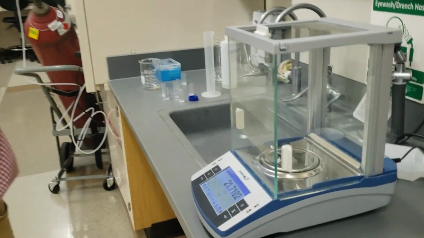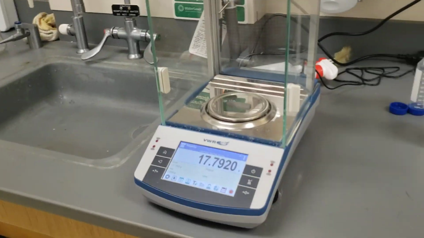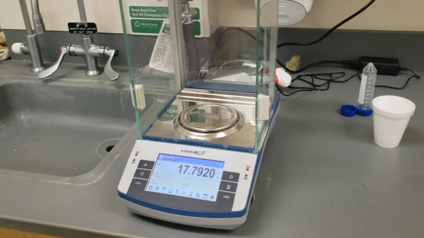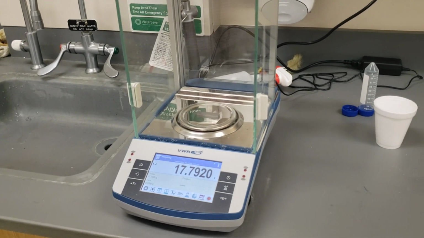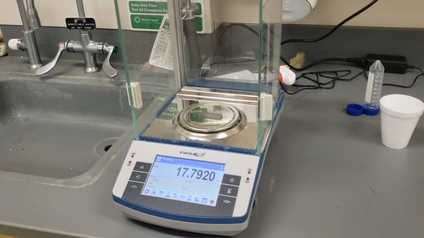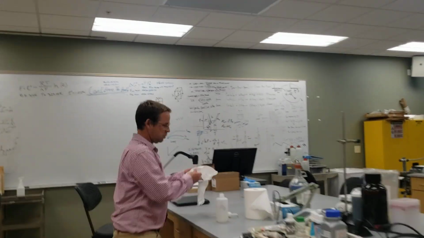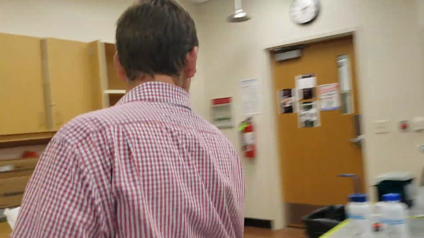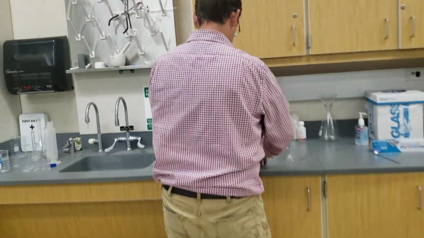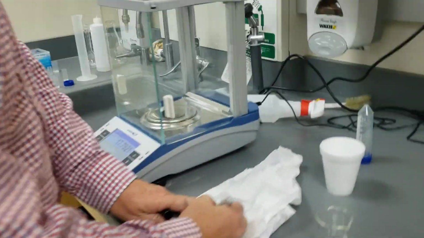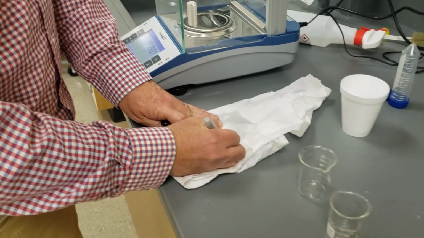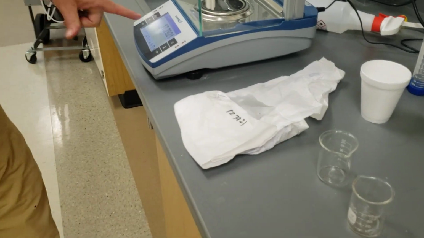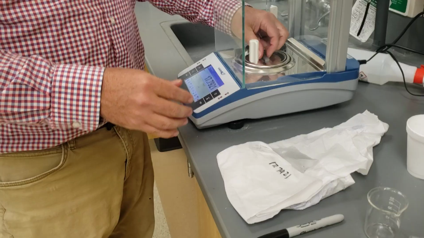Okay, now I'm going to want to make sure I record this mass in my spreadsheet. 17.7920. We'll jot that down here for now. 17.7921. So we have the initial mass.